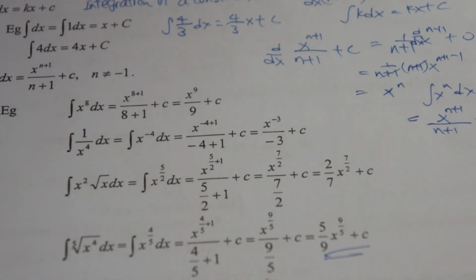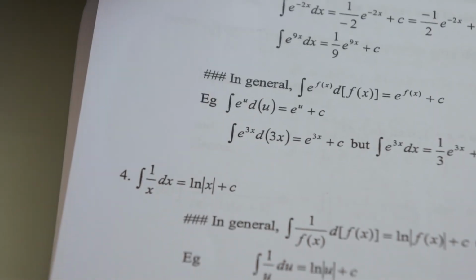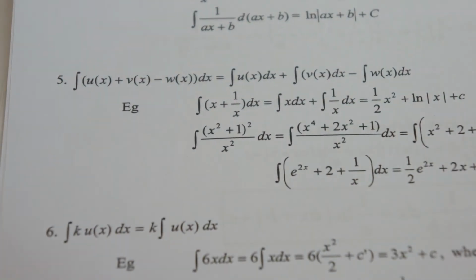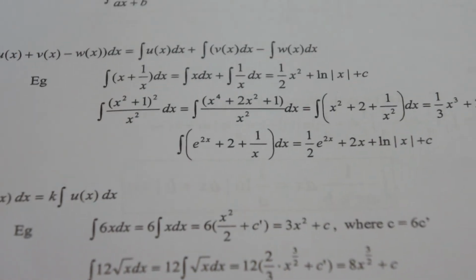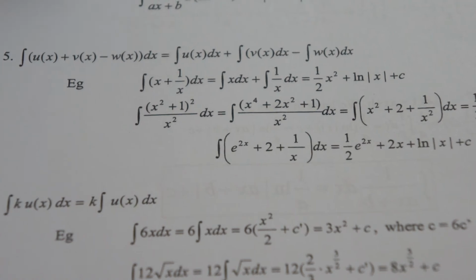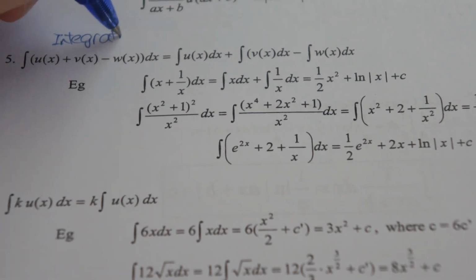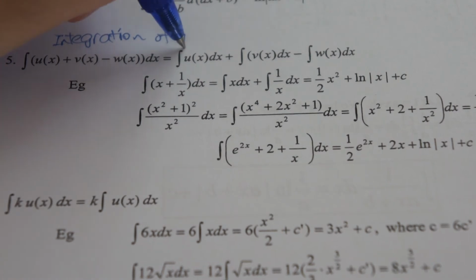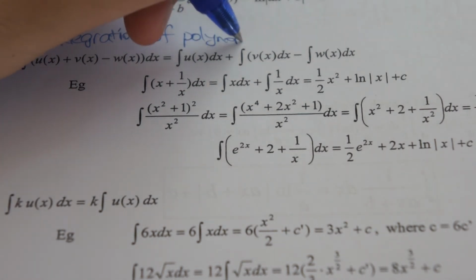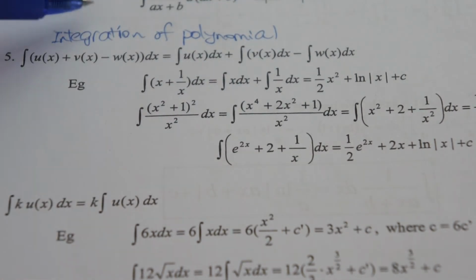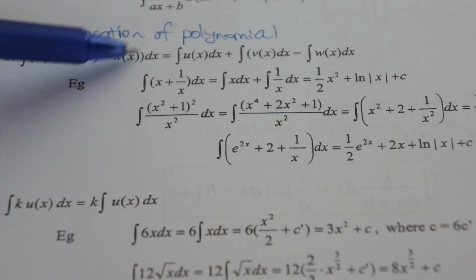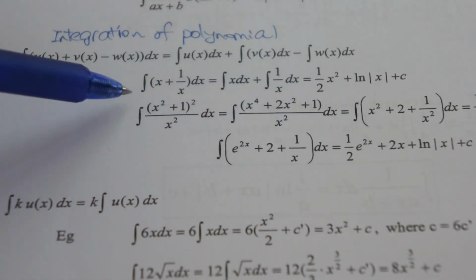And then you can take a look at page number 3, the rule number 5 and 6 first of all. So this time, if you integrate polynomials, it's integrations of polynomials, and what you need to do is to integrate the terms one by one.